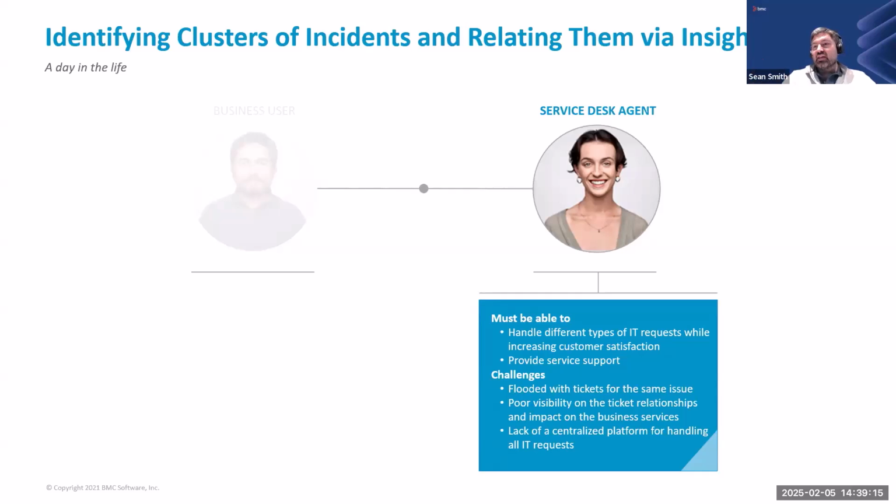You can imagine their call center, the phones lighting up, people couldn't buy things they don't need from Amazon and the like, on Black Friday. But ticket trends increase dramatically when business services fail. And this poor person, the service desk agent, has to deal with that.